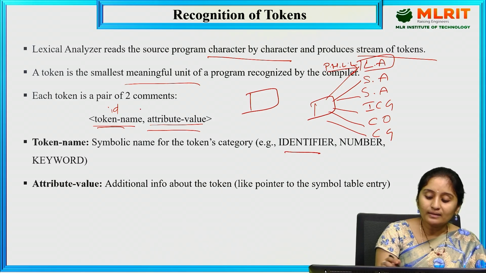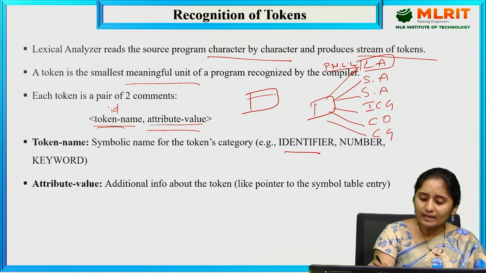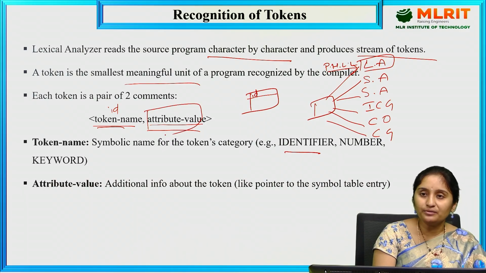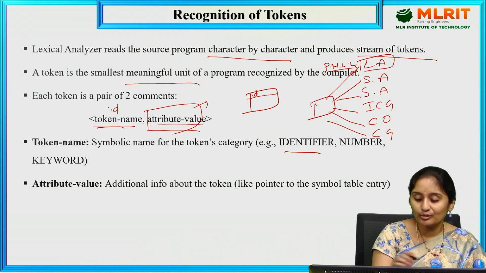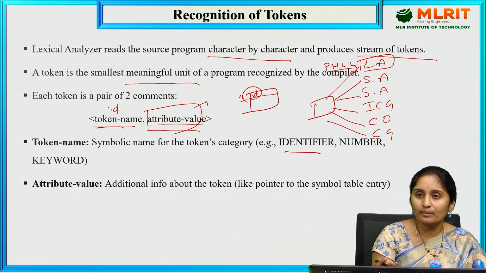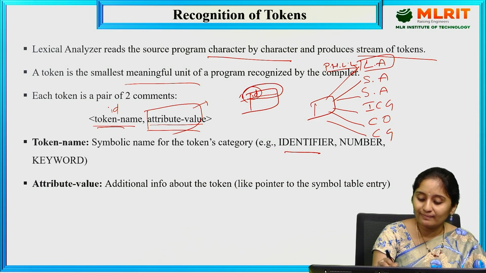In the symbol table it will allot ID 1, and a space is allotted with an attribute value. The attribute value is the address, like a pointer to the symbol table entry. Suppose ID 1 is stored at one address. All the details of this token, like its value or the scope of the variable, will be stored at this address, which the attribute value points to.